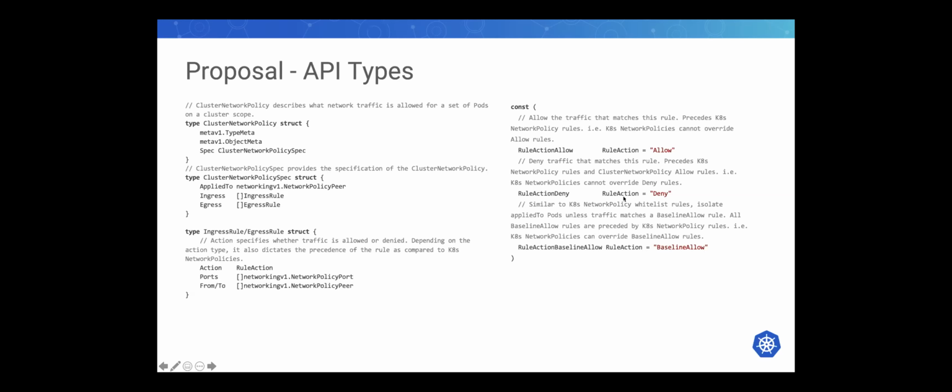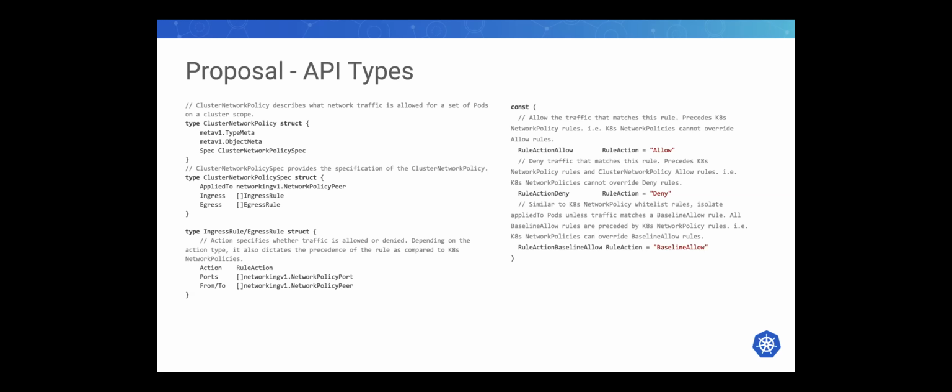The next action that we see is a deny action. Similar to the allow rule, a deny action is also an as-is rule. That is, there is no implicit isolation or the opposite of isolation that occurs for a deny rule. So the rule will be evaluated as is.